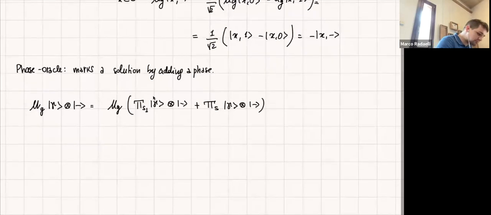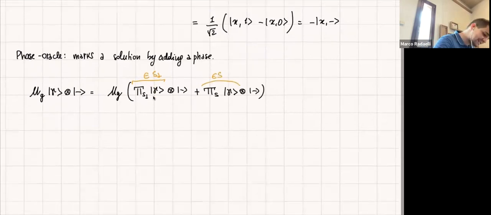We don't know what gamma is, but this object always belongs to the S orthogonal subspace, while this object always belongs to the S subspace. So the S orthogonal subspace will be left unchanged, gamma tensor minus, but a minus will appear here. We should keep the projectors here.